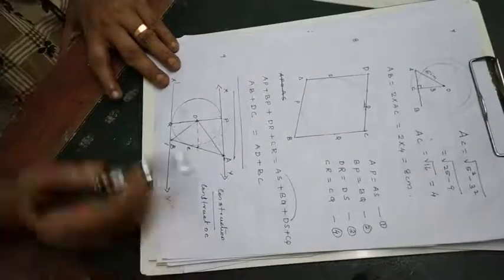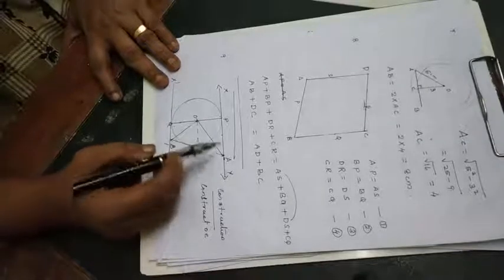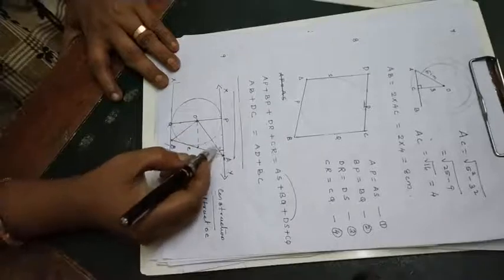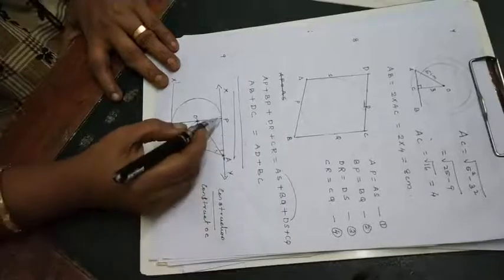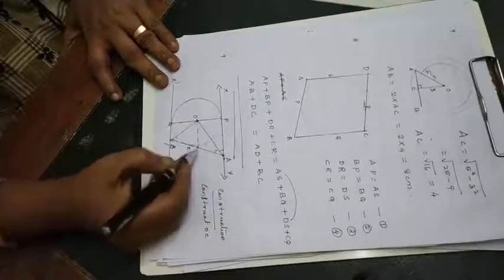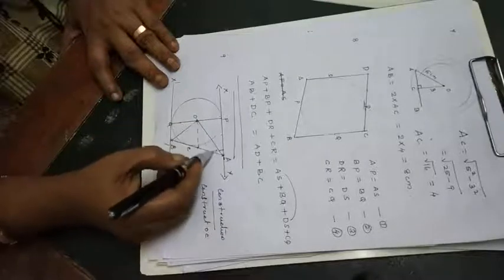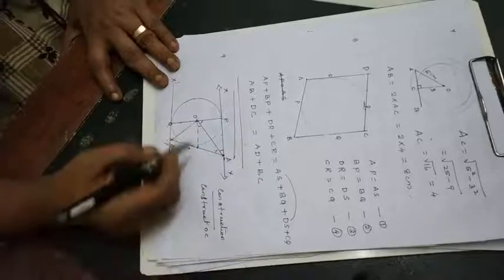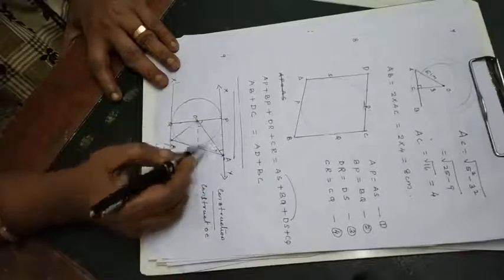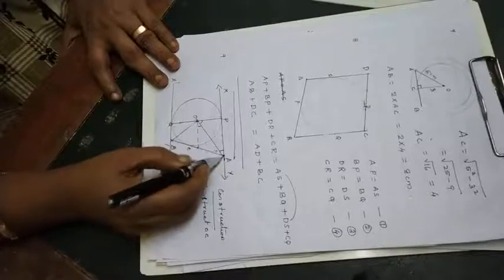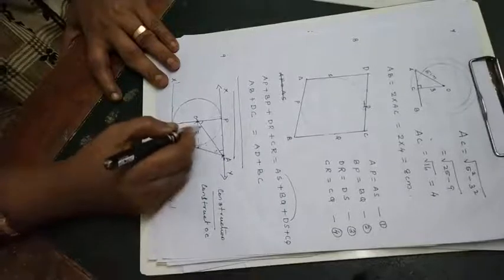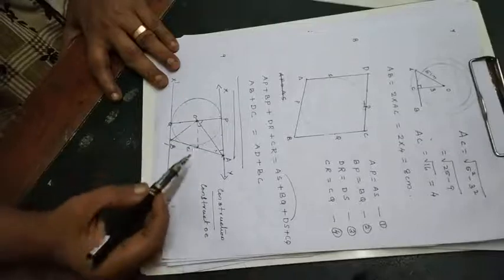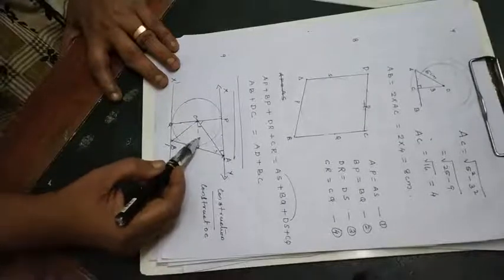Now when they are congruent, the angles will also be equal. So angle PAO is equal to CAO, and POA will be equal to COA. Why? Because of corresponding parts of congruent triangles, that you have already learned.